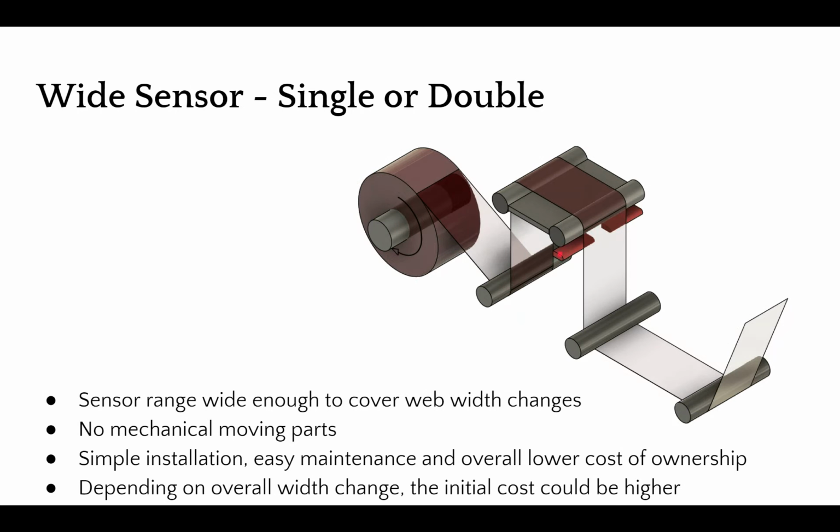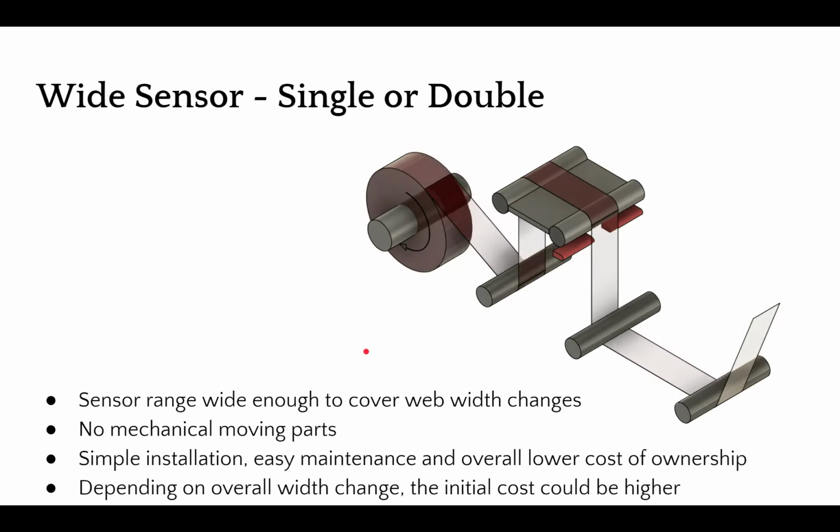If the sensor is wide enough, it can actually cover the entire web surface so that it can look at both the edges of the web. Again, like I said, this is one of the most robust and simple kinds of installation, where it reduces operator errors and things like that.